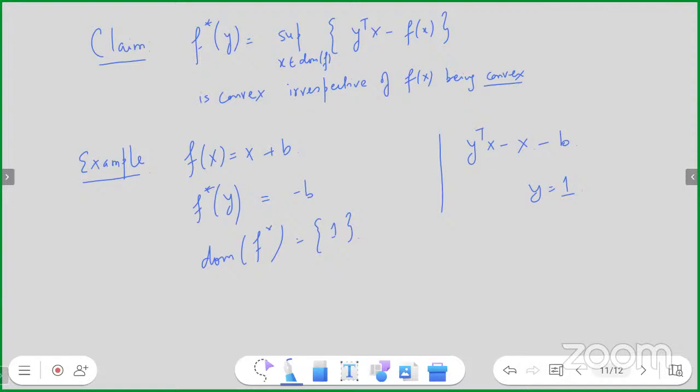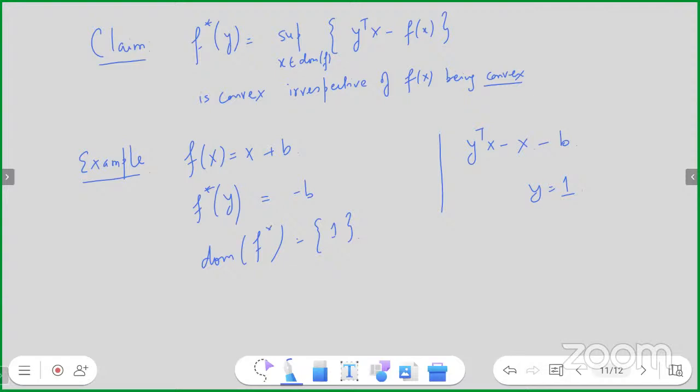Taking the supremum of y transpose x minus f of x. Flip the role of x and y so that you don't confuse yourself. So already you have f star of y, right? So take z. F star star of z is equal to supremum over the domain of f star of z transpose y minus f star of y.